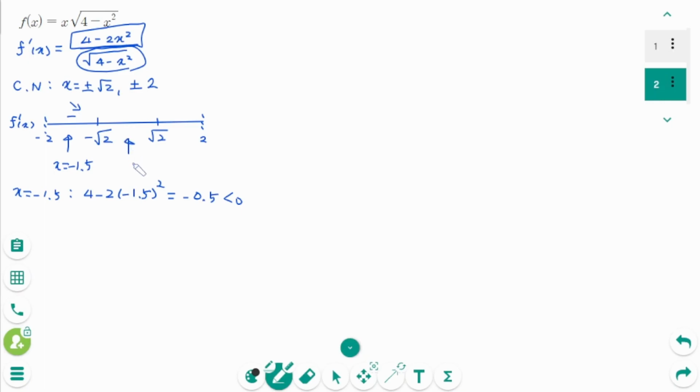The testing number is 0. When x equals 0, 4 minus 2 times 0 squared equals 4, which is positive.